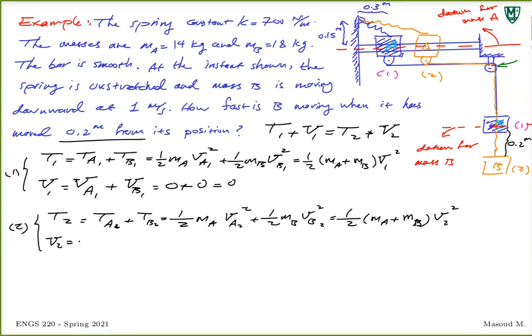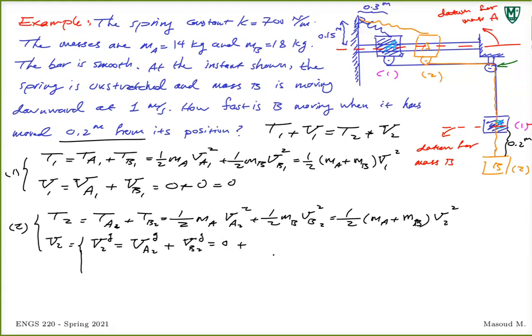So that would be V2G, which is equal to VA2G plus VB2G.